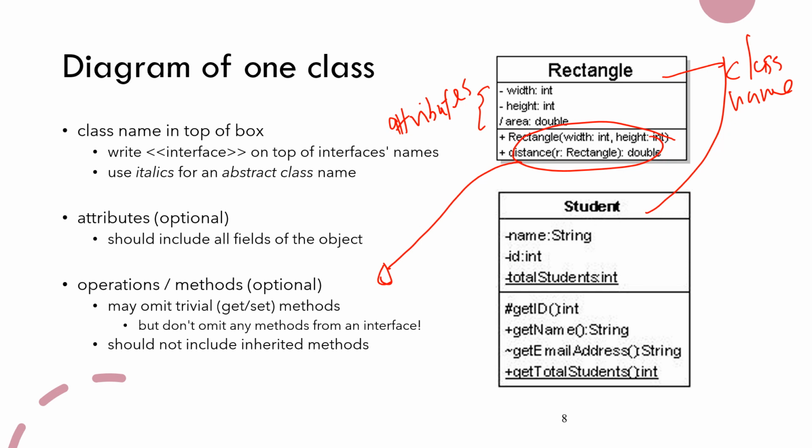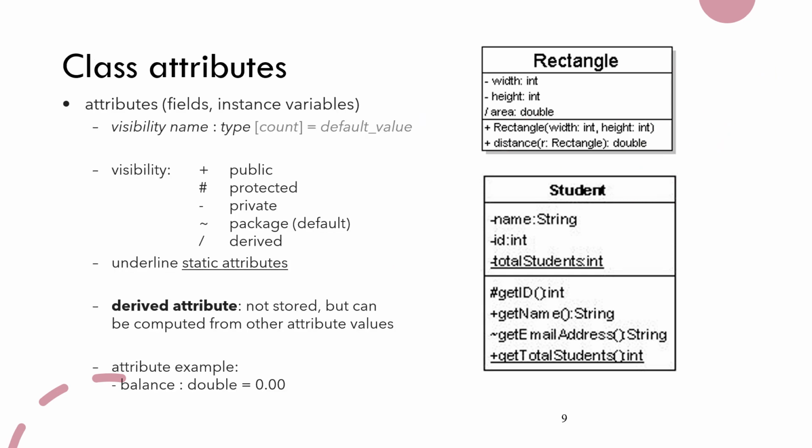They have attributes of width, data type integer, height, data type integer, and then area, data type double. Same goes to the class Student. We have name, student ID, total number of students, and so on. So this is the example.